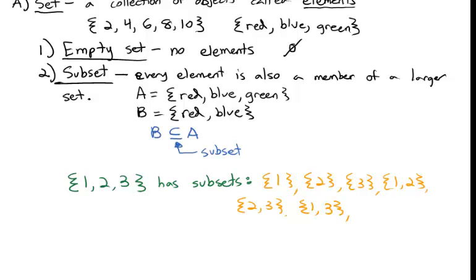Also, the empty set would be considered a subset because every element in the empty set is also in the bigger set. There's nothing in the smaller set, and those are all accounted for. Also, the entire set 1, 2, 3 is considered a subset as well, because every element in there is a member of the other set 1, 2, 3.